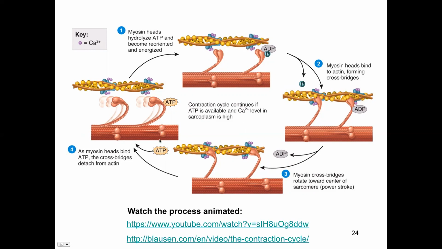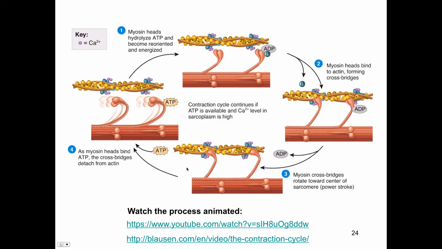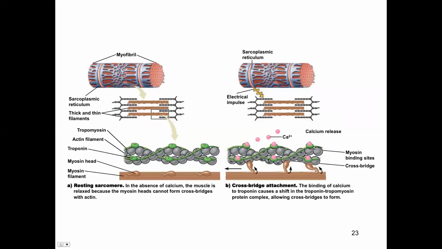So without any ATP, that's why these muscles remain contracted. On top of that, we don't have ATP to pump this calcium against its concentration gradient back into the sarcoplasmic reticulum. So the sarcomere remains flooded with calcium, and the myosin binding site on actin is exposed. So this is why after death, we're not making ATP.